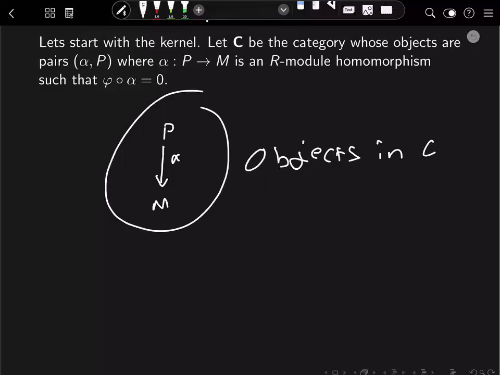And we also have the condition. Remember we have this map phi that maps M into N. So we have the condition that phi composed with alpha is equal to 0.